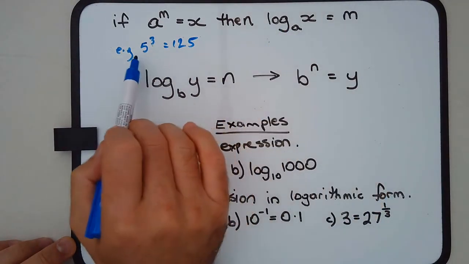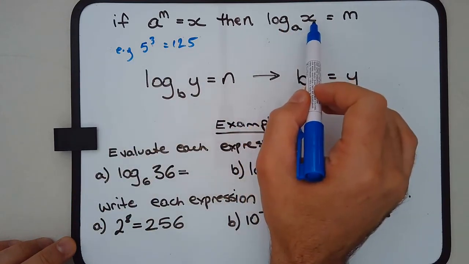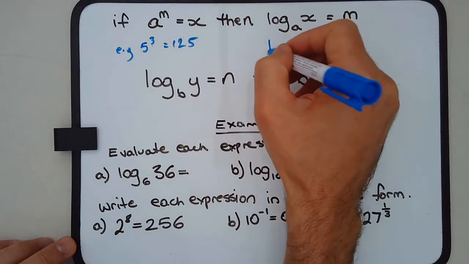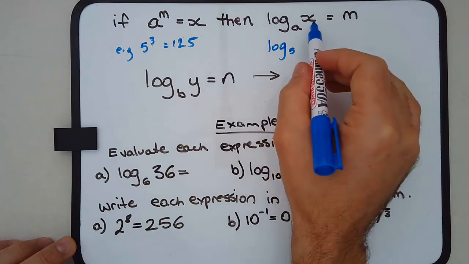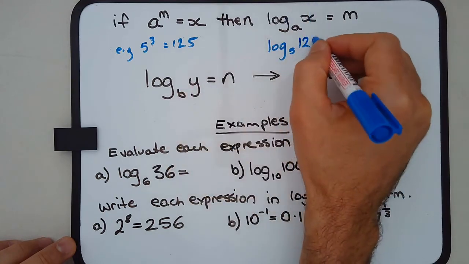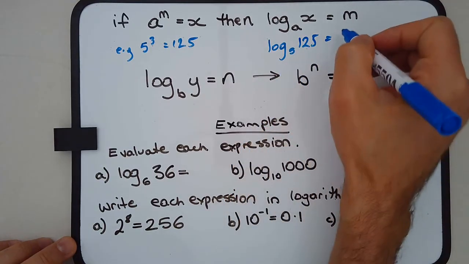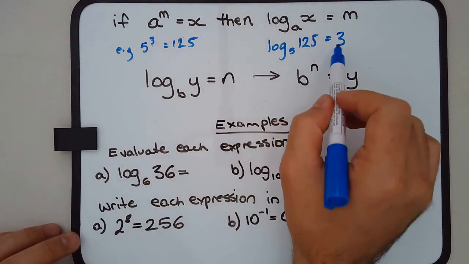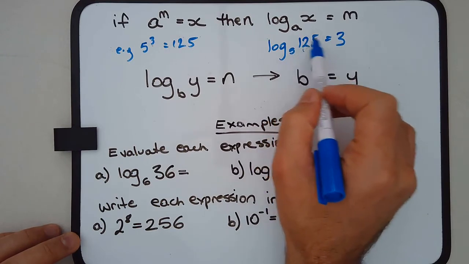The base in this case would be 5, so log base 5 of 125 equals the index that you raised the 5 by to give you the 125. That would be 3. So a logarithm really is an index. It gives you back an index that you can then raise the base by to give you the simple number.